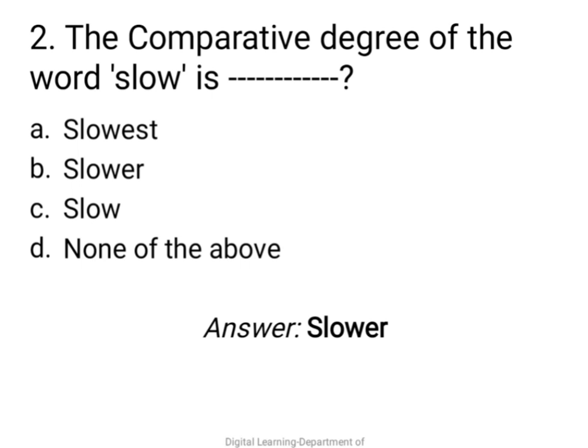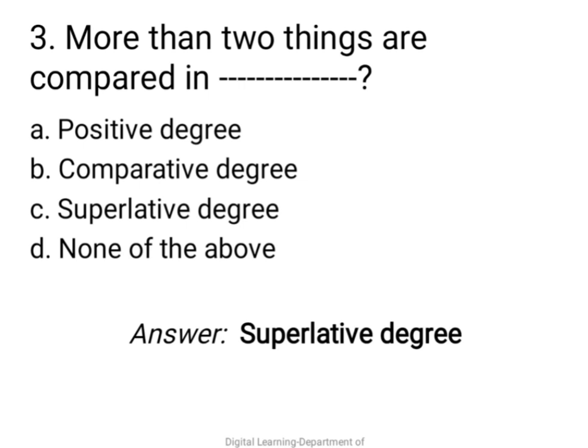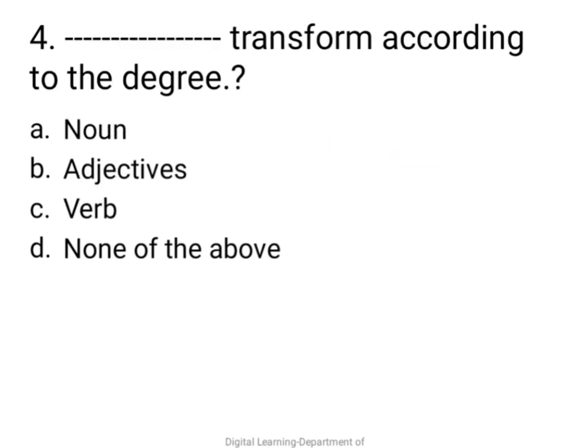Slower, right? So the third question, more than two things are compared in dash. Positive degree, comparative degree, superlative degree, none of the above. What is the answer? It's superlative degree, right? Move to the fourth question. Dash transform according to the degree. Is it the noun, adjectives, verb, or none of the above?